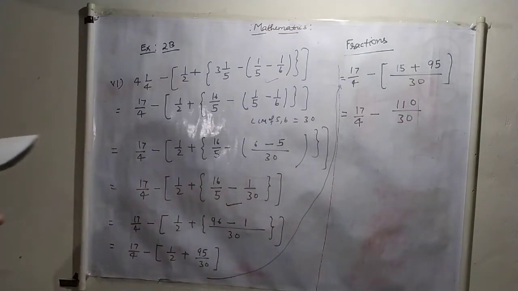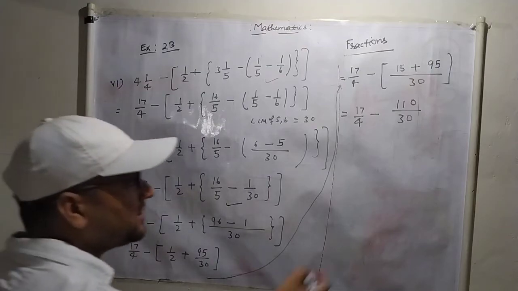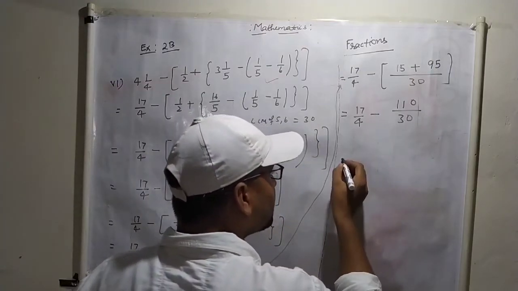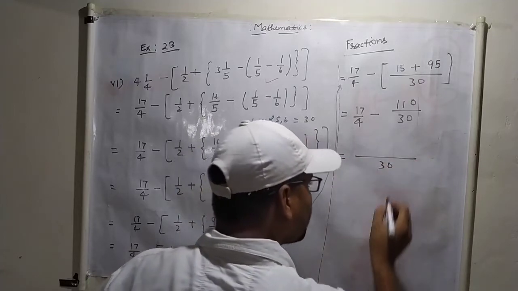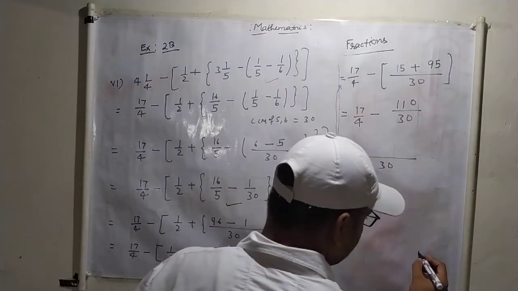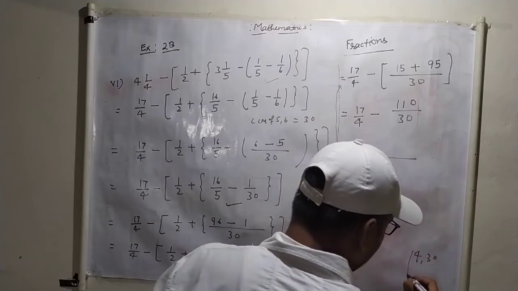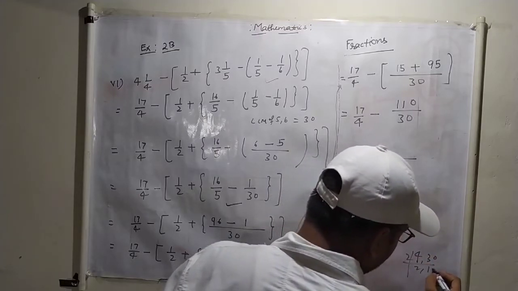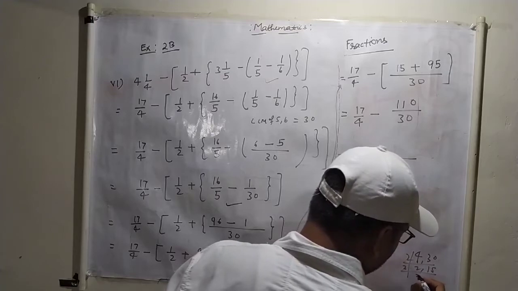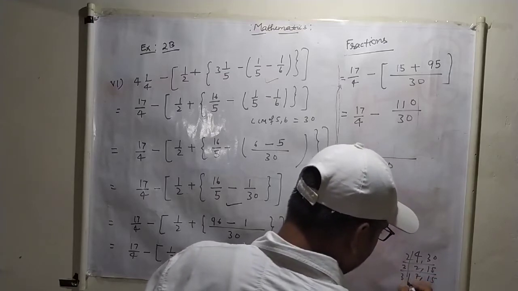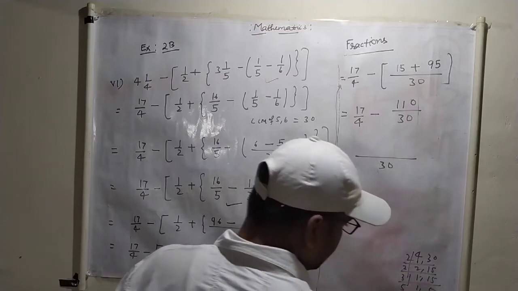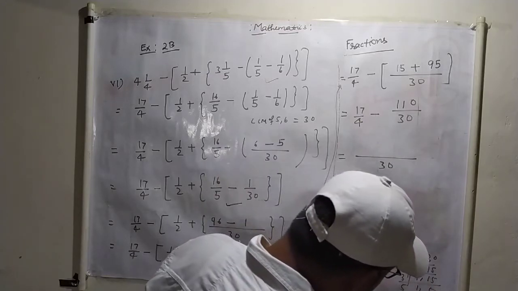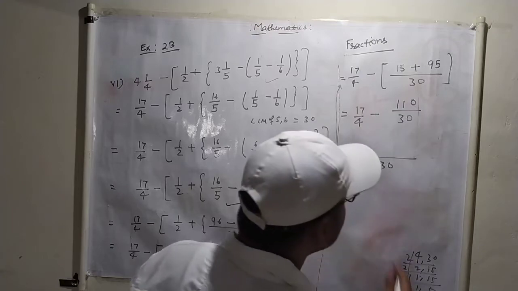So 110 upon 30. Take the LCM of 4 and 30 again. If you want, you can check this: 4 and 30 divided by 2: 2, 15; by 2: 1, 15; then by 3: 1, 5; then by 5: 1, 1. 5 3s are 15, 15 2s are 30, 30 2s are 60.